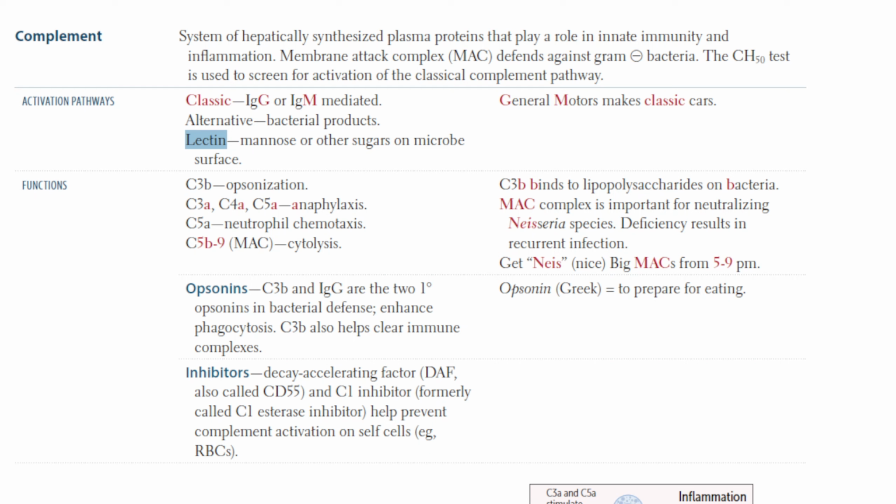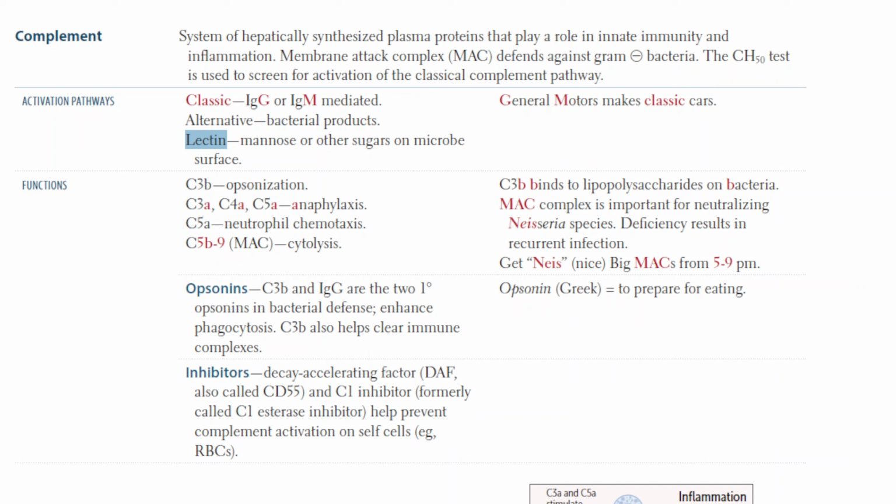It's part of the innate immune system too. This whole process starts when a specific protein called lectin recognizes the specific carbohydrate structure on the microbial surface. The lectin binds to its specific ligands, triggering a cascade that leads to activation of the complement proteins. So that's another way.